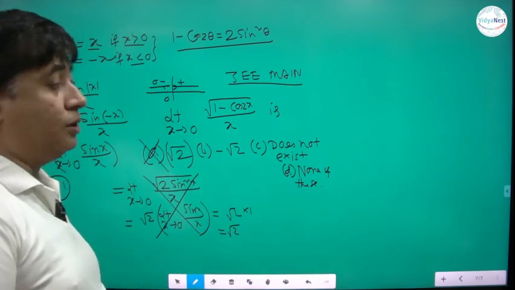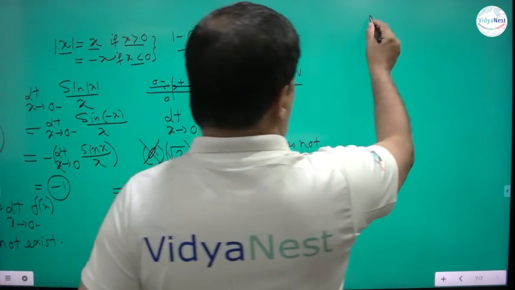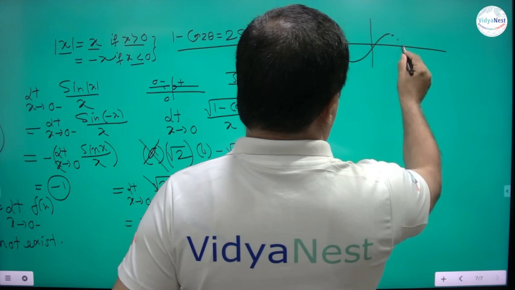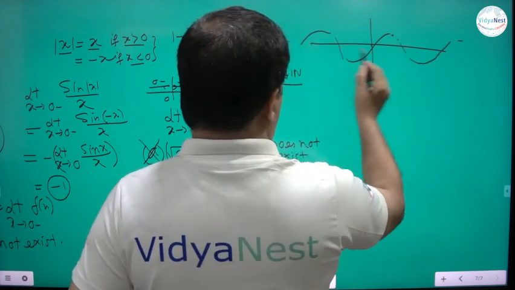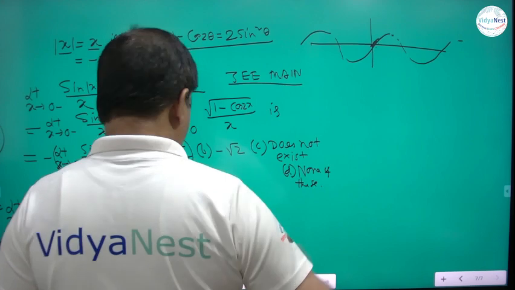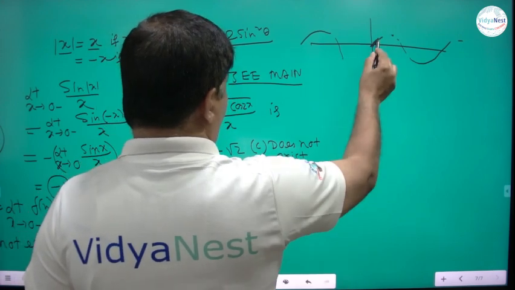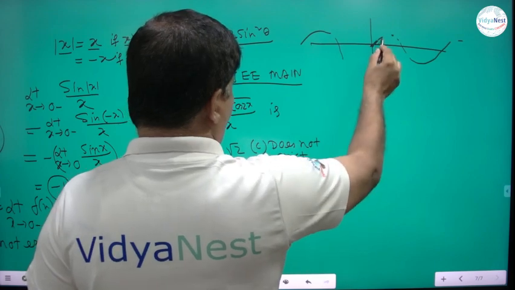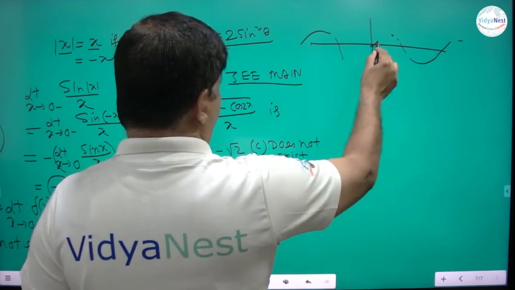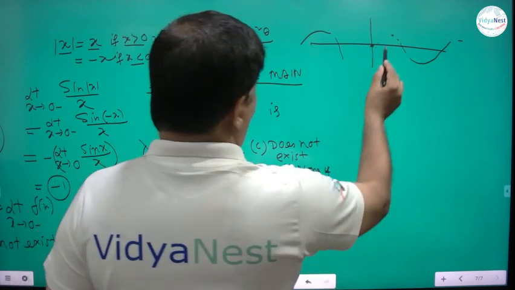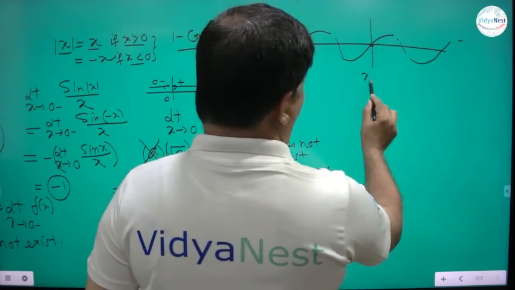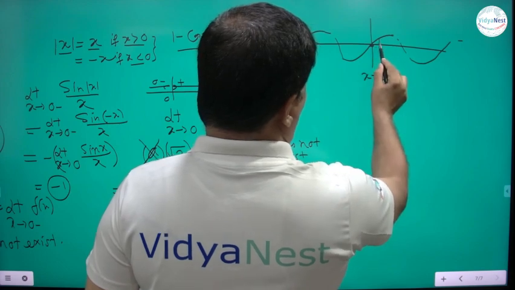Let us draw the sin x curve. What is sin x? That is the sin x principal value. So, when x is greater than 0, x tends to 0 plus, then sin x is what?